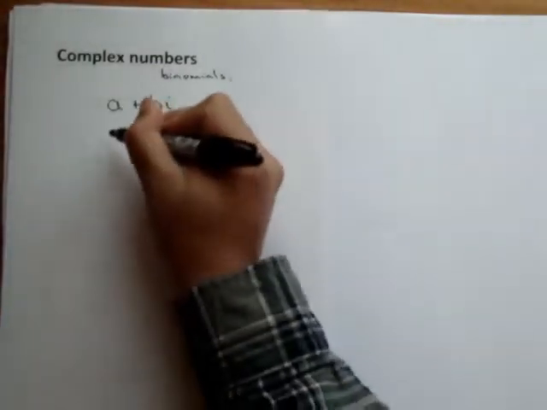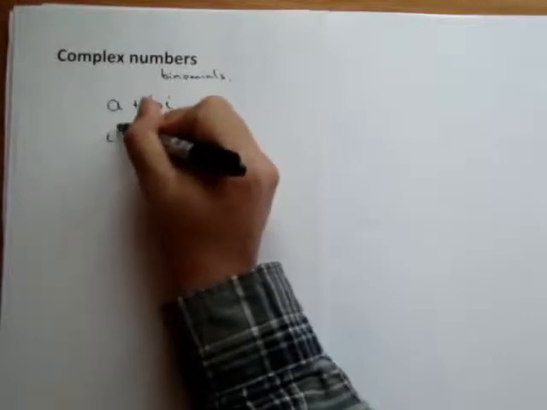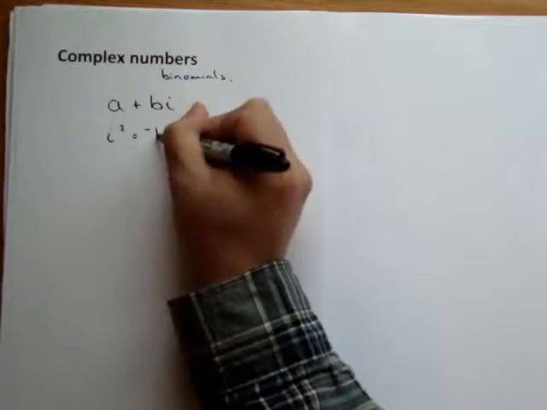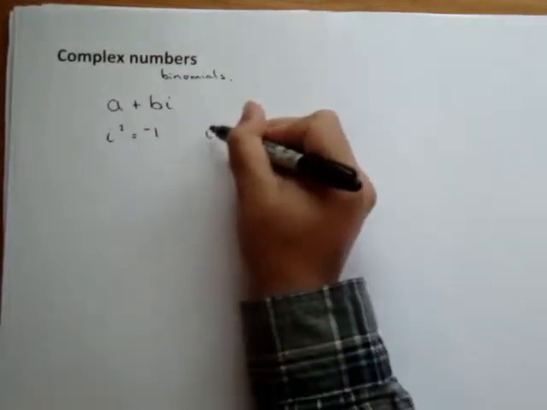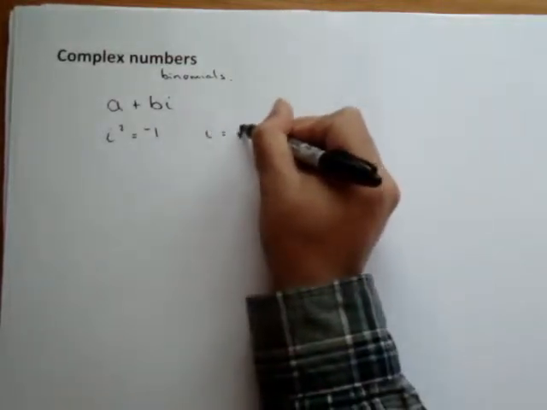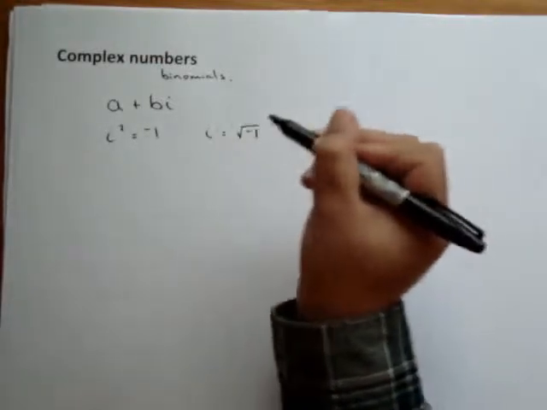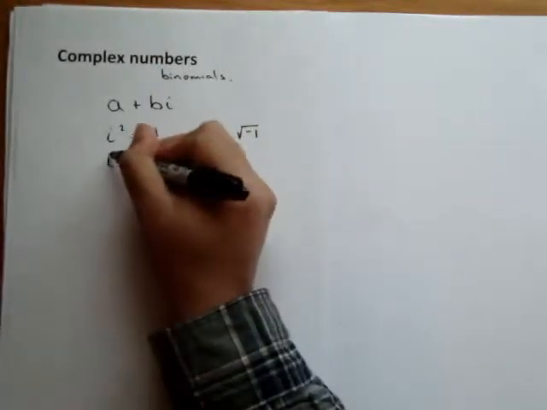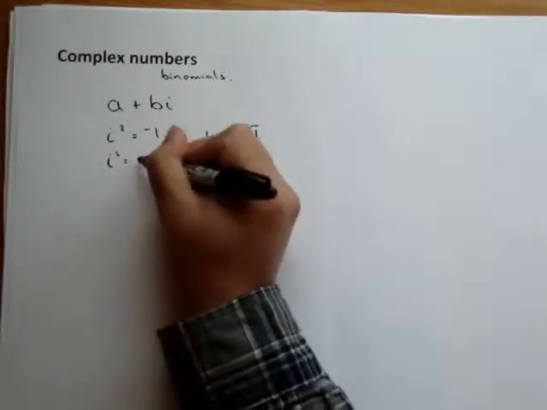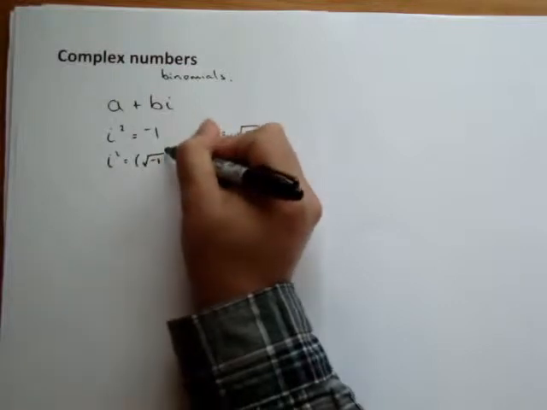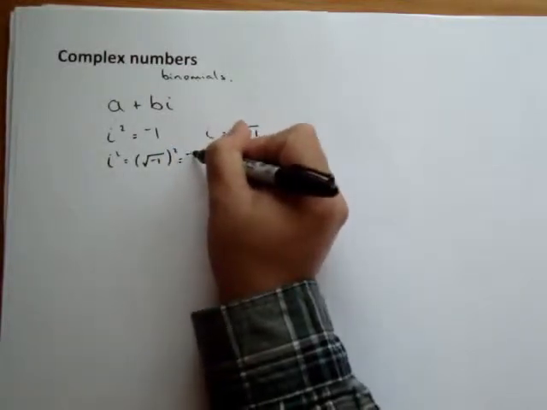So i squared equals -1. So essentially i equals the square root of -1, or i squared equals the square root of -1 squared, which equals -1.